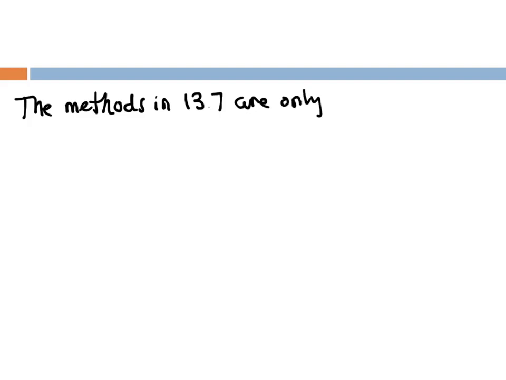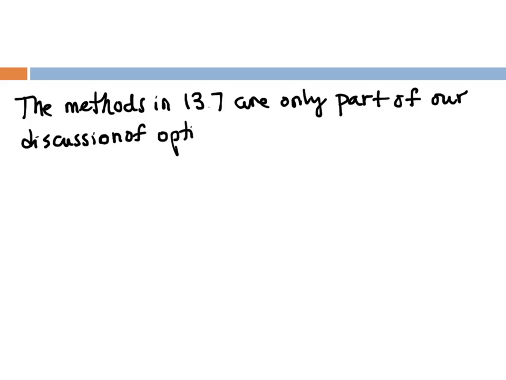All right, so there's a way to think about that, and the way to think about that is with Lagrange multipliers. So the methods in 13.7 are only part of our discussion of optimization.